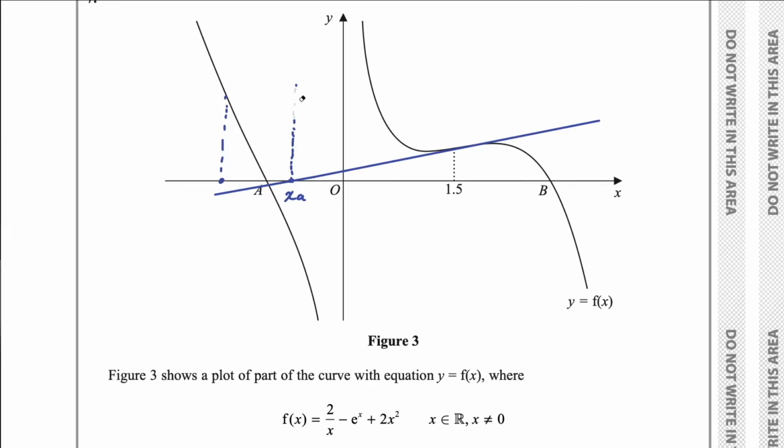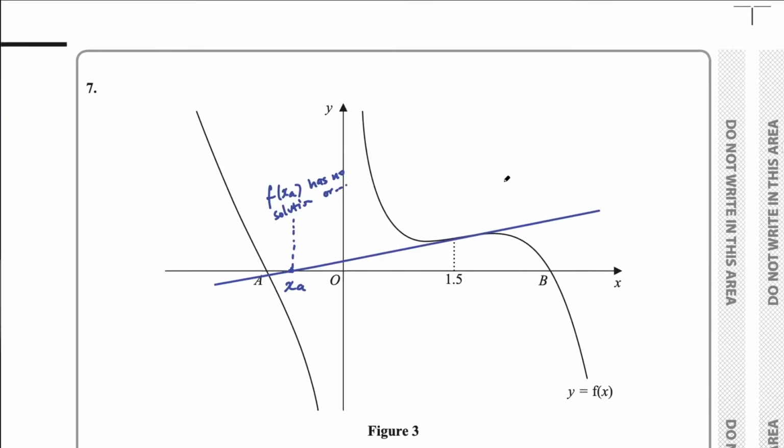So to use the graph, firstly I would draw this tangent. That would be my first step. Then I would indicate that f of x sub a has no solution, or it's not in that interval between 1.5 and b.